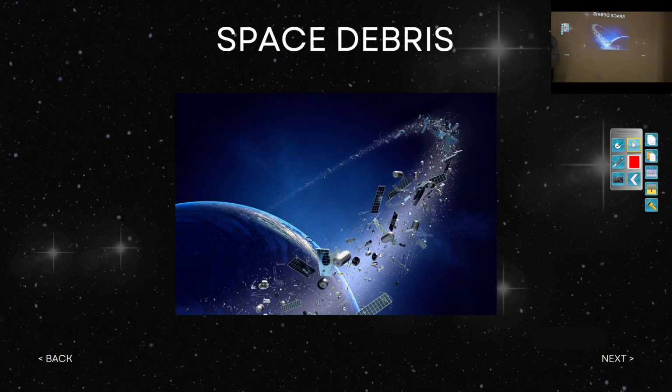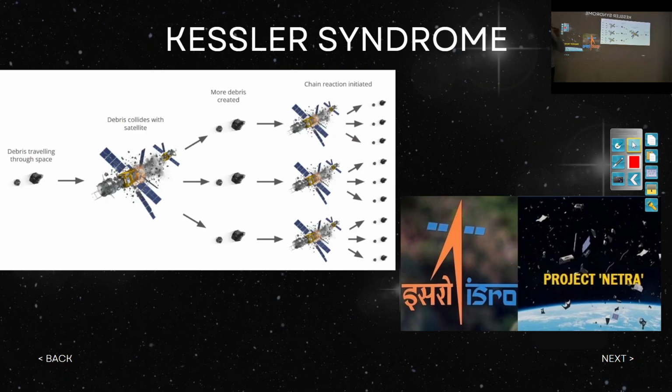Those parts are called space debris, the leftover materials. This debris is traveling, and if it touches a functional satellite, that can break too, and it will continue like a chain, hitting another satellite and destroying other functional satellites also.